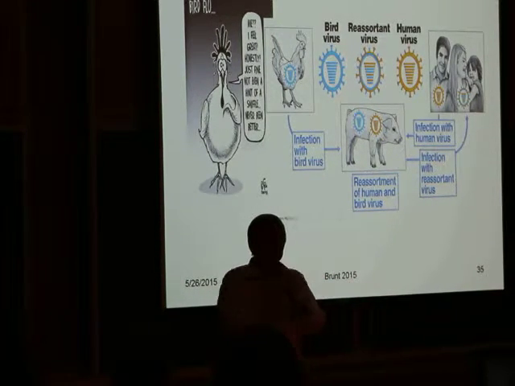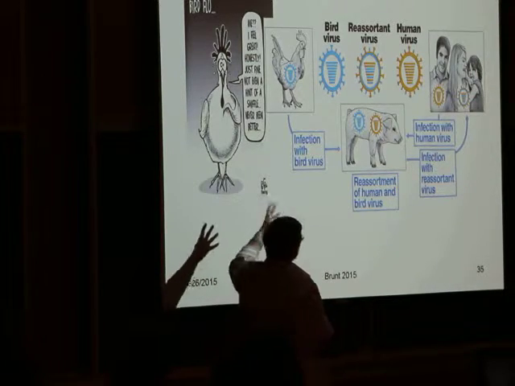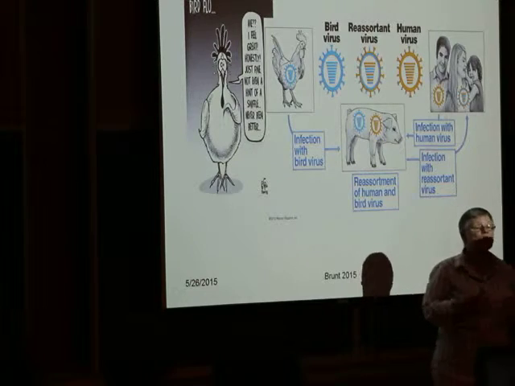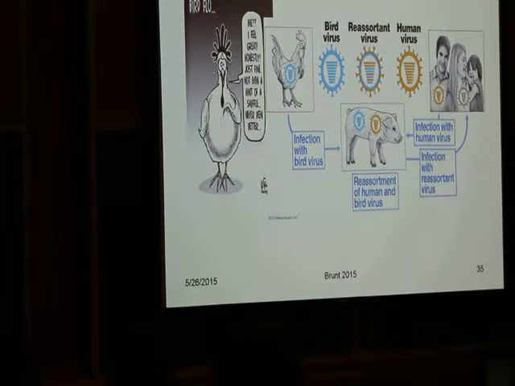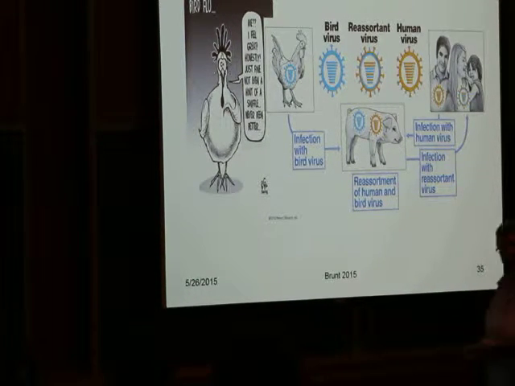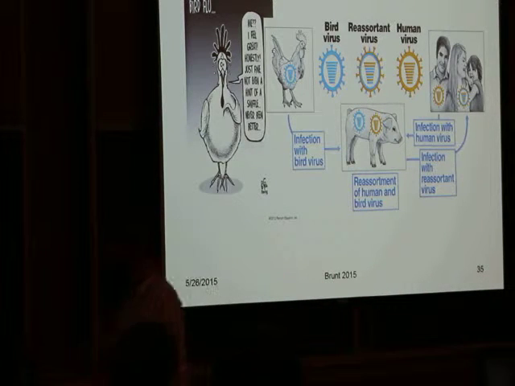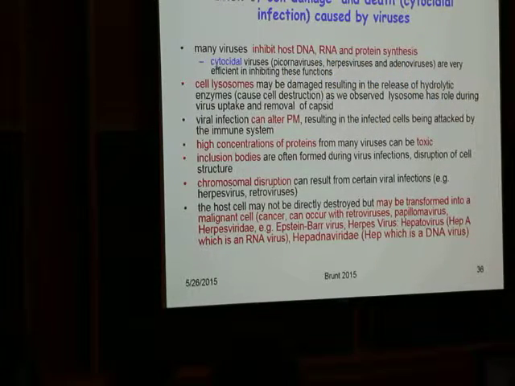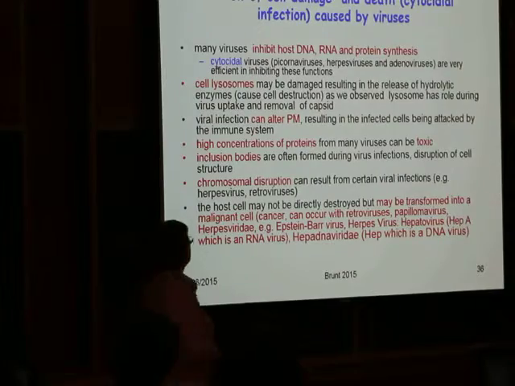Those two viruses come together and talk to each other and they reassort, forming a brand new virus that now can move human to human. By the way, that's what happened in 2009 with the H1N1 virus. The reassortment occurred in a pig. A bird virus and a human virus talked to each other and we generated a new virus.